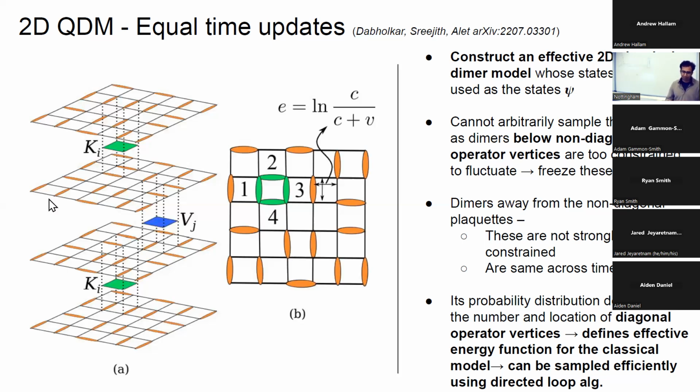So the equal time update can be described as follows. I take any location in the full space-time configuration and freeze any plaquette where there is any non-diagonal vertex. And wherever there are diagonal vertices, I associate an effective interaction between the dimers in that plaquette, and then perform a directed loop algorithm, which can sample this 2D configuration.